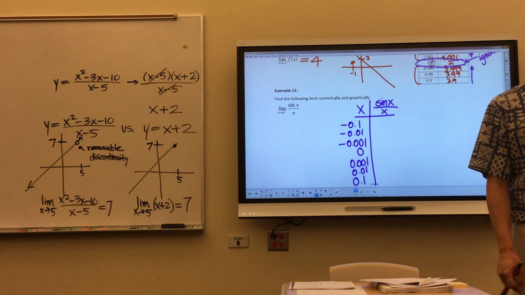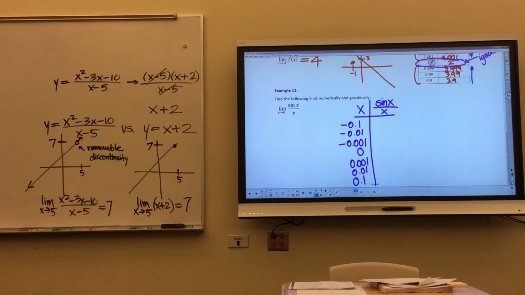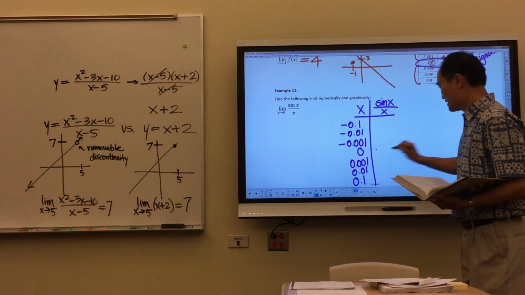Because of time, we are going to just put those numbers in. When x equals 0, what do we have? Error. Why? Because anything over 0 becomes an error on the calculator. Yes, indeed. So this is undefined.